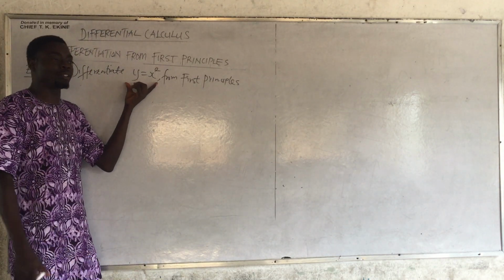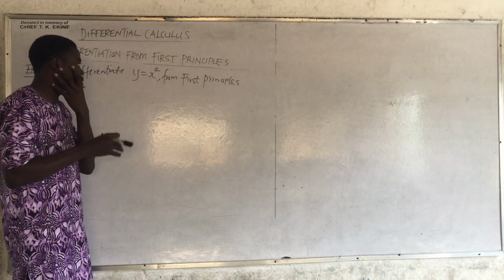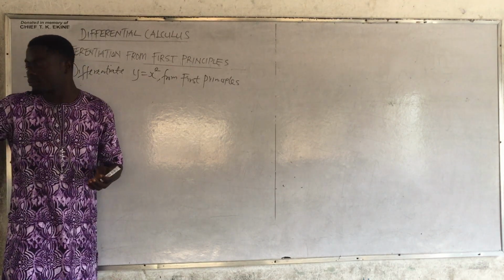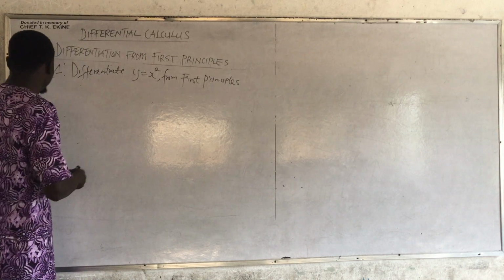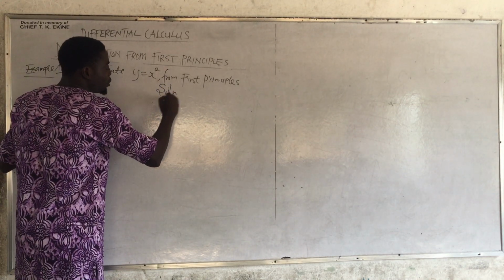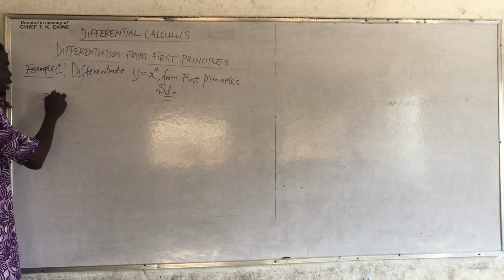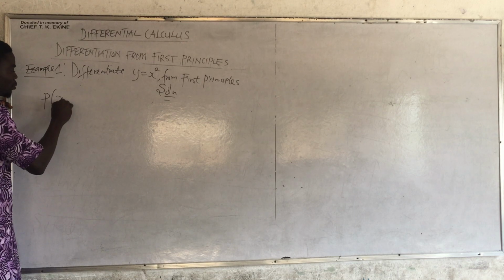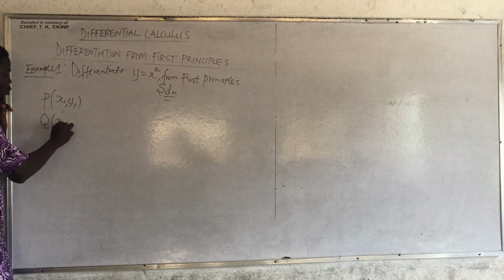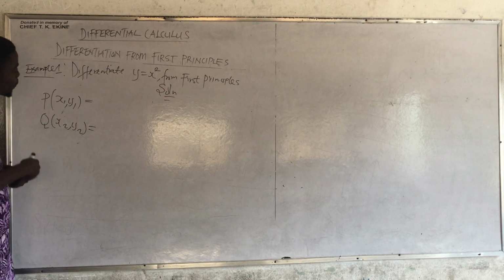This y equals x squared is a curve, so you must understand the functions of coordinates. We assume we take two points, P and Q. I said the first point is x1, y1, and the second point is x2, y2. Let's see what this means.